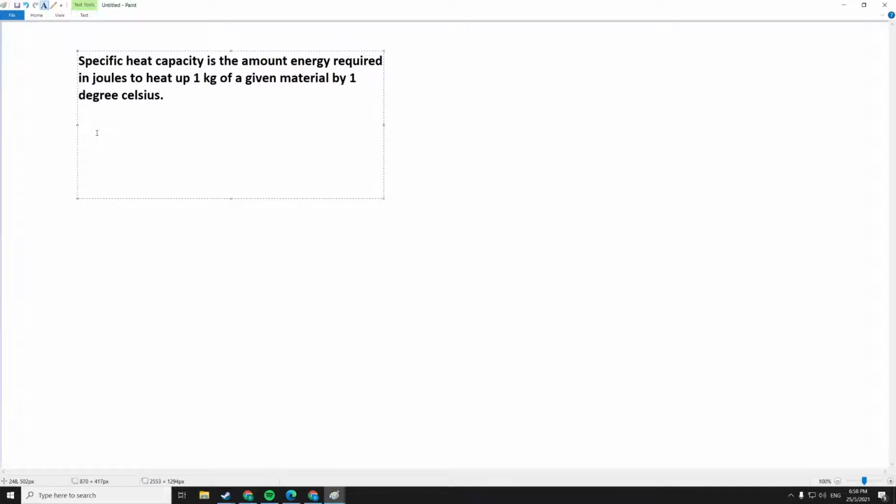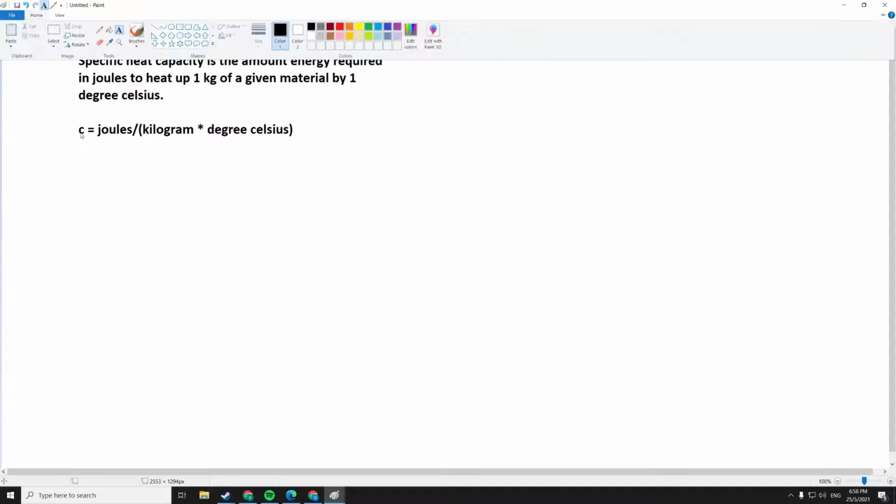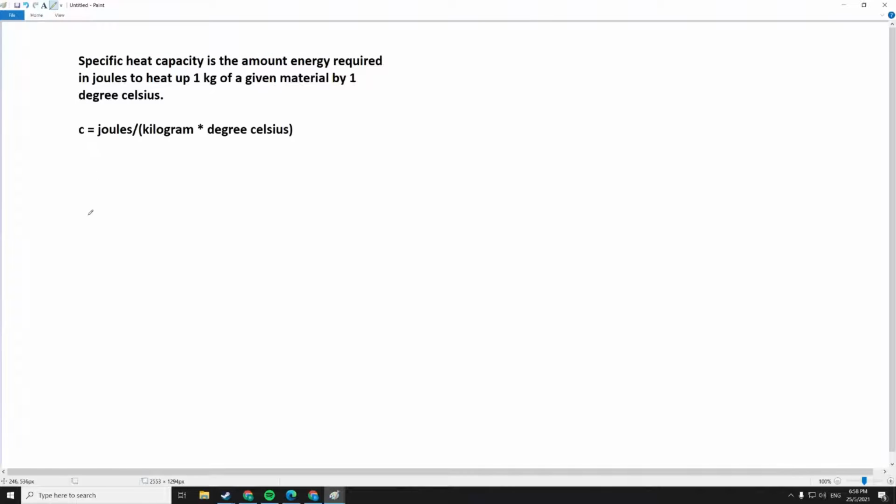Alright? So C is equal to joules per kilogram degree Celsius. Alright? And we're going to put that in a bracket here. And when we realize what this means, we can create an equation which looks something like this. It says Q equals mc delta T, where Q is the energy change, rather.